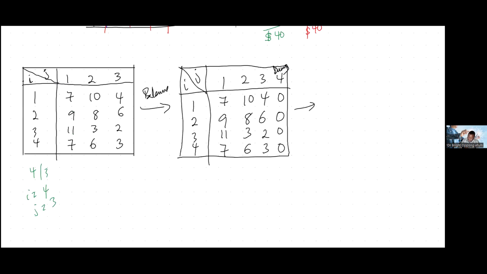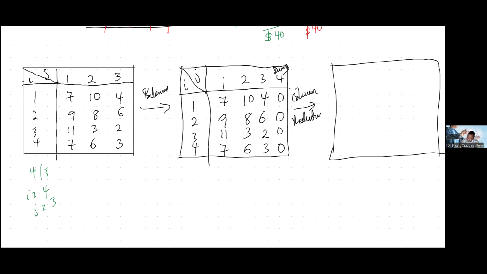So if we go to our row reduction, let's say I'm doing row reduction, right? Okay, let me do column reduction because in our previous examples, I've always started with row reduction. So if I'm to do column reduction first, right? So I'll arrive at this.